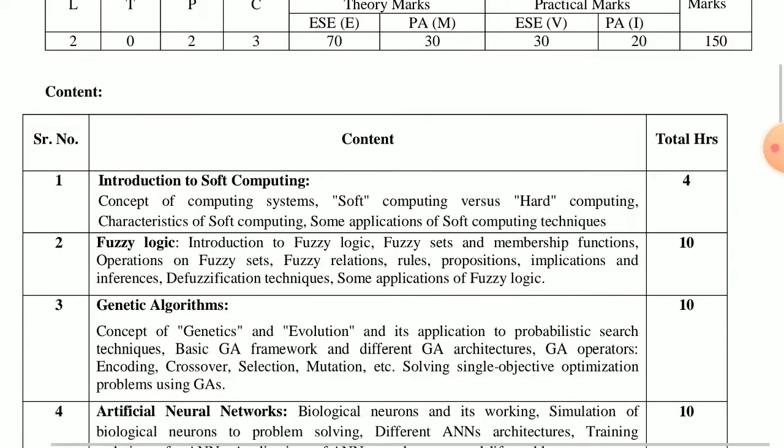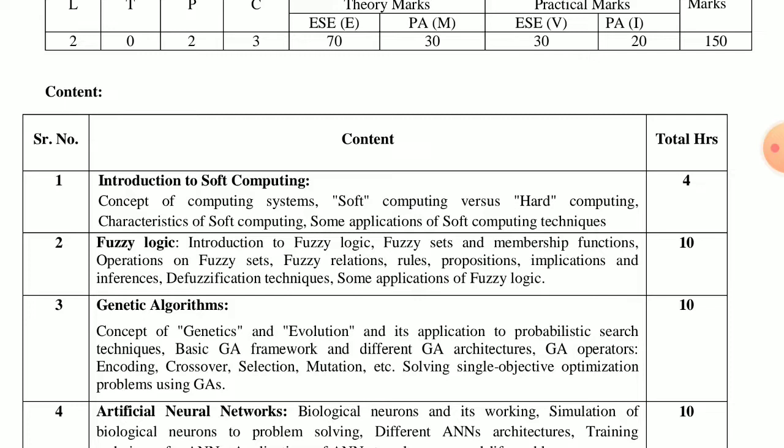Now in the SCT subject, a total of 5 chapters are given. The first chapter is Introduction to Soft Computing. First off, we gain proper knowledge of soft computing. What is the basic concept of a computing system, and soft computing versus hard computing?